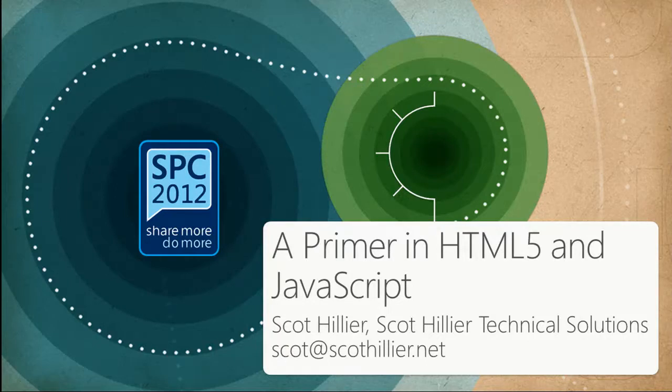Before we get into that in any real detail, give me 2 seconds here just to give you a little introduction if you haven't had a chance to meet me. My name is Scott Hillier. This is my contact information up there. Feel free to send me an email if you have some follow-up questions on what we're doing. I'm a SharePoint MVP. As I said, I really do nothing but SharePoint for the past 10 years. All I do is write SharePoint code every day. I spend these days about a quarter of my time doing training for Critical Path Training. Ted and Andrew, buddies of mine for a long time.